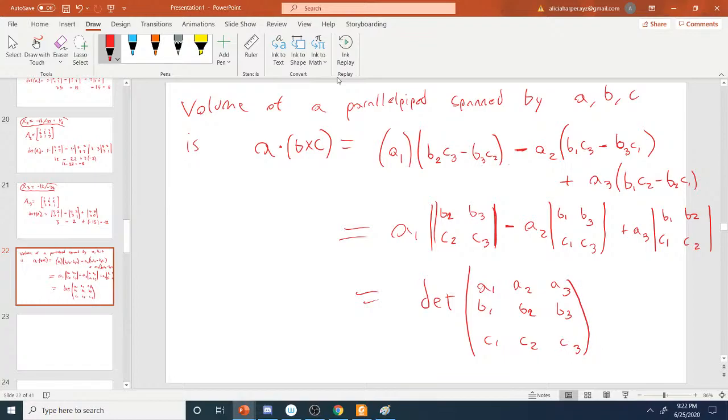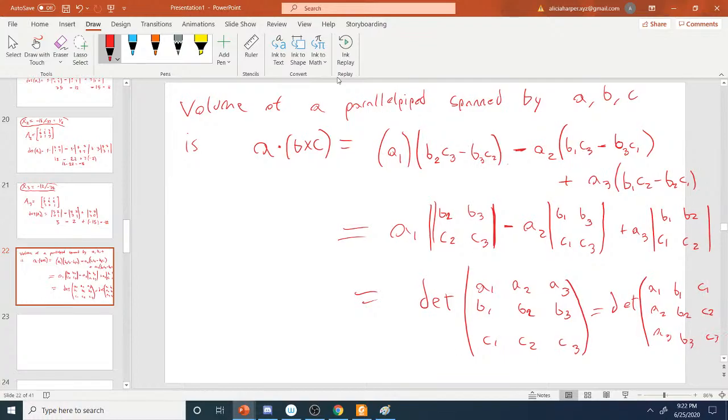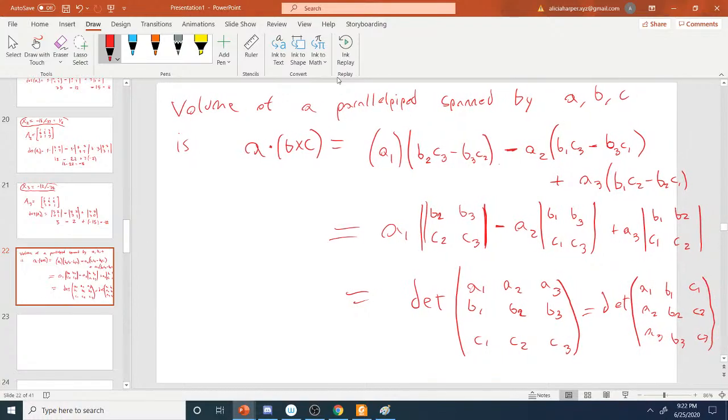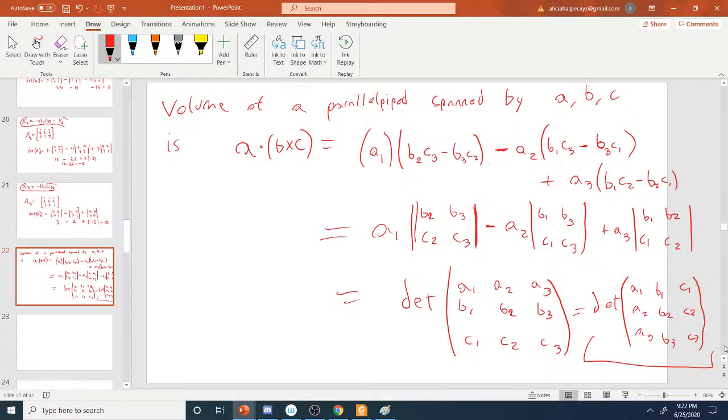And this is the same because the determinant of a matrix is the same as the determinant of its transpose. So this calculation explains why the computation of this is the same as the computation of this. And this is the way you learn how to compute the volume of a parallelepiped in multivariable calculus.